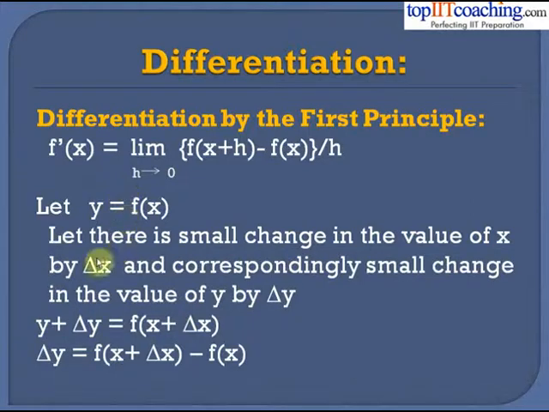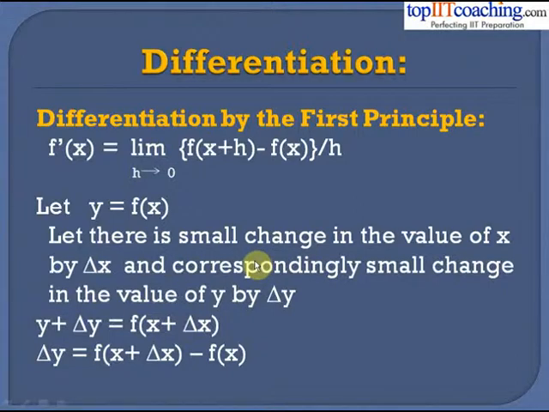Now let us say that y equal to f x is any function. Here y is the dependent quantity and x is the independent variable, so the value of y depends on the value of x. Let us say that there is a small change in the value of x by delta x. So if there is a very small change in the value of x, which we call delta x, then correspondingly there is a small change in the value of y.